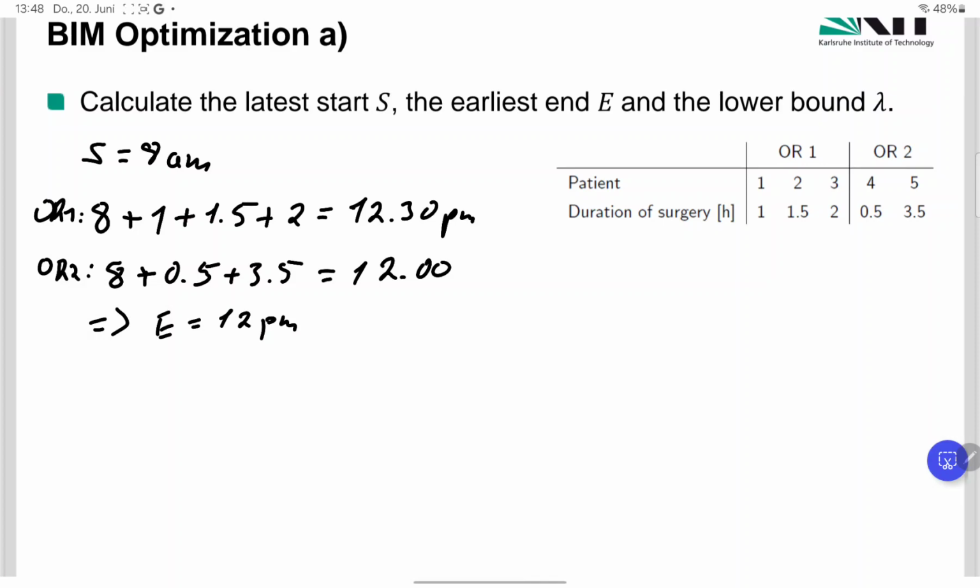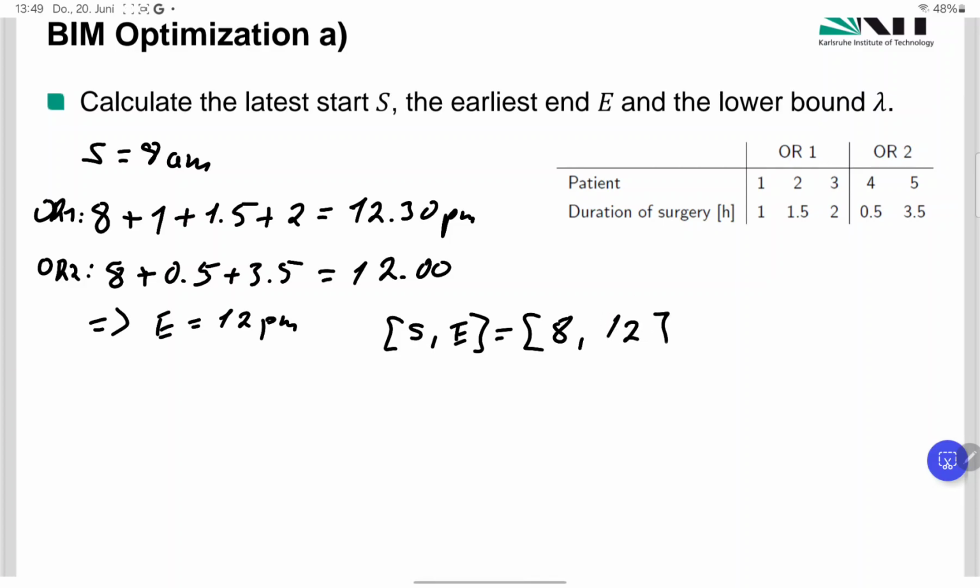So that means our occupation interval, where all operating rooms are occupied, is between the latest starting point and the earliest ending point, and in our case this is from 8 till 12.